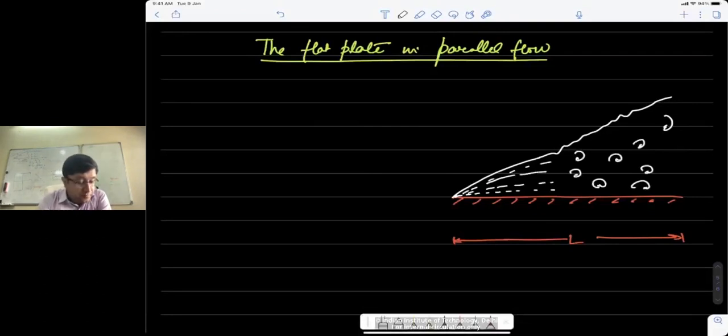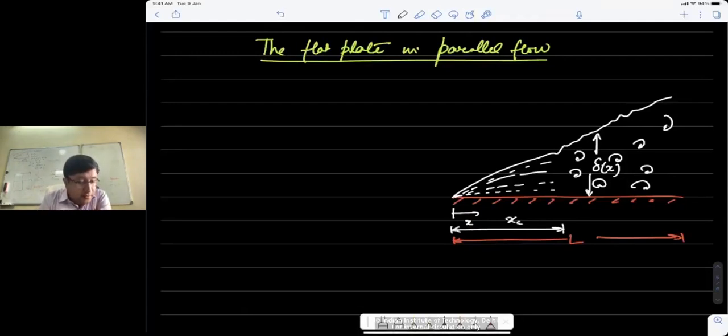So there is transition. So what we will try and do is to follow the method that was derived by Blasius for the boundary layer thickness delta as a function of x, where x is measured from the leading edge. Okay, and the place where the transition to turbulent starts will be defined as xc.